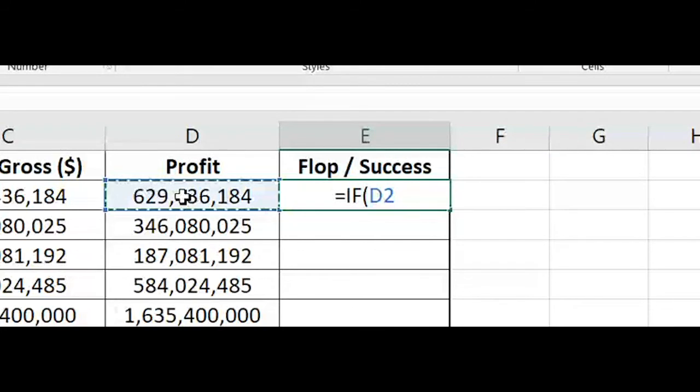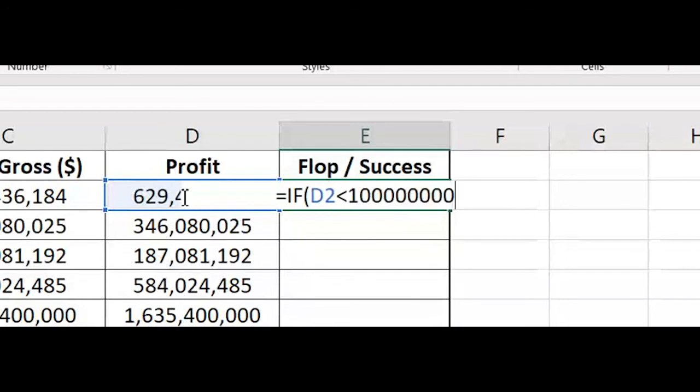And sabi, if the profit is less than 100 million, so let's put on the less than bracket there. 100 million, so there should be 8 zeros. So 1, then 8 zeros. 1, 2, 3, 4, 5, 6, 7, 8. We do not put comma in between the zeros. Okay? And then, we put the comma after the zeros.